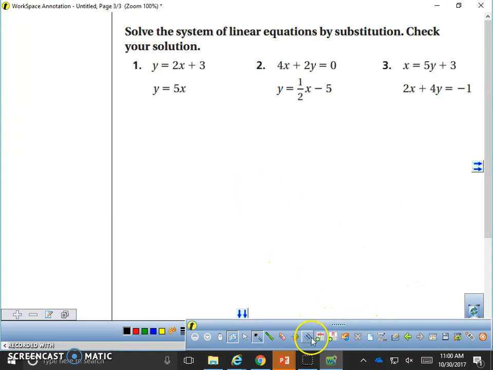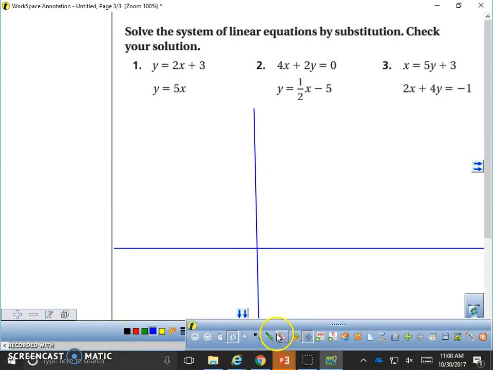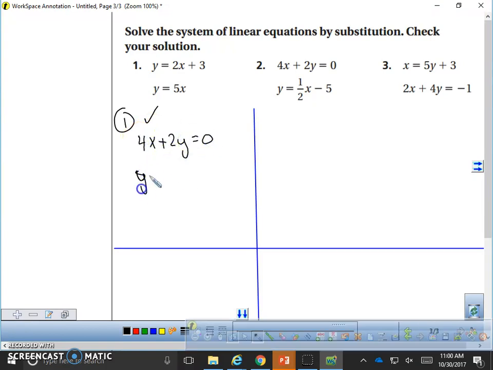Again, setting this up into that 4 quadrants, if that helps you guys. Okay. Step 1. Get y equals. We already have one that says y equals. Done, because this one already says y equals.